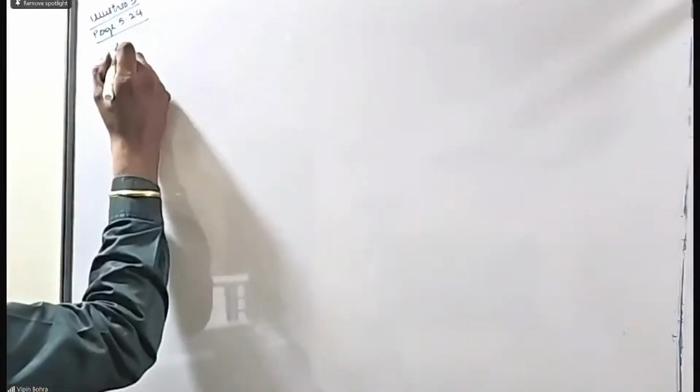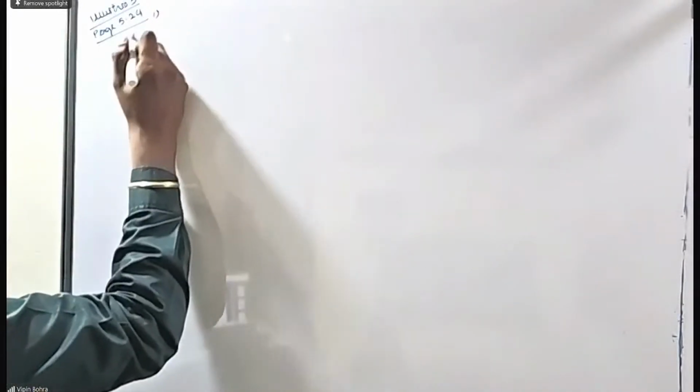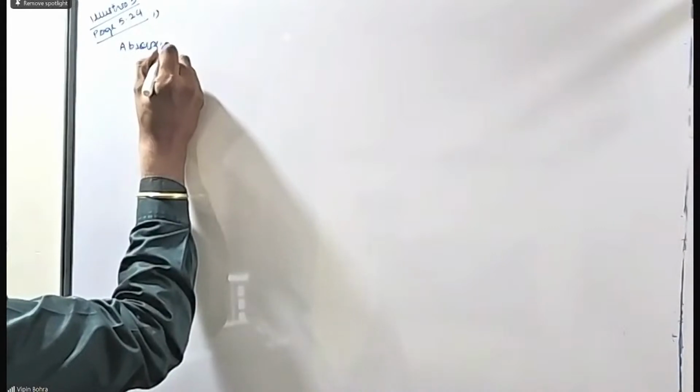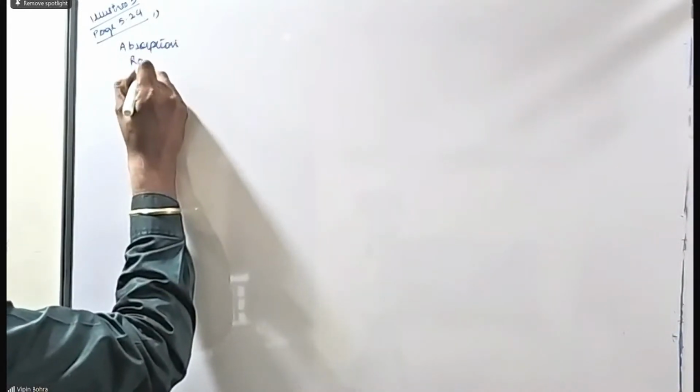So let's calculate. Let's start with the first point, wherein we have to calculate the cost as per the traditional approach. So herein, we will first calculate the absorption rate. Again, we are following the same process, that is calculating the absorption rate as per traditional approach. So the total overheads are 12,42,500 and the hours are 20,000.